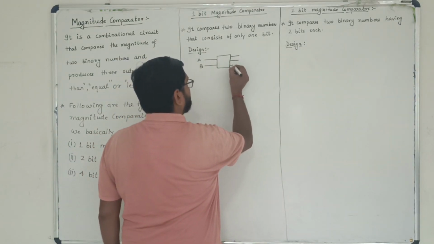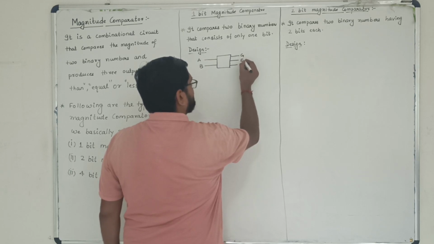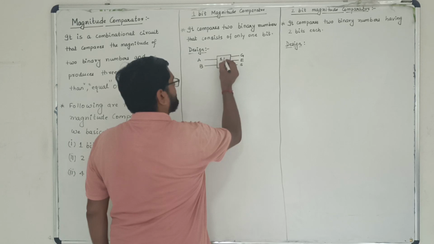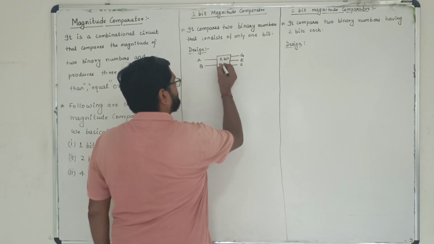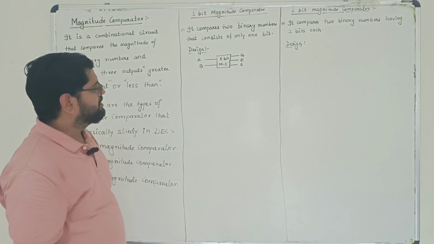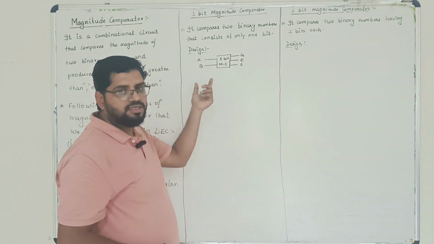There are three outputs expected, as I said in the definition. One is greater than, another is equal, and the third is smaller than. So this is your 1-bit magnitude comparator. Once we are done with the block diagram, we'll move ahead with the truth table.